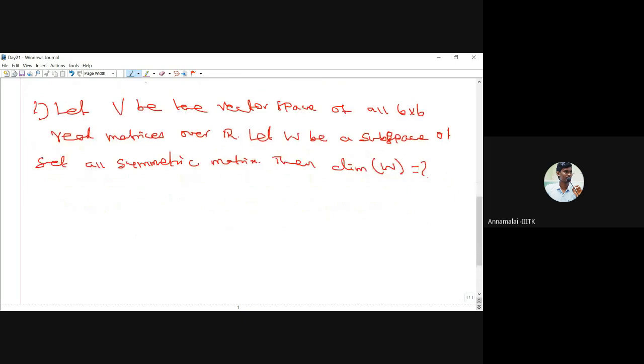So solution, this is a simple one. How does the matrix look? Actually, what is W? We are collecting the set of all n by n matrices that should be symmetric. That means A should be equal to A transpose. But here, instead of n, we take a 6 by 6 matrix. If you take a 6 by 6 matrix, there are 36 unknowns.